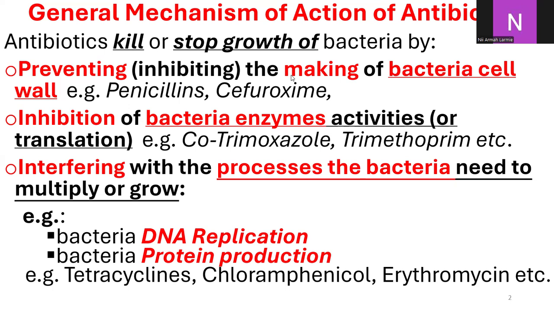Now, I want to look at the general mechanism by which these antibiotics are able to achieve the results. There are primarily three ways by which antibiotics are able to achieve the results. There are several other ways which can fit in here, but we want to look at the general. There are about three ways.